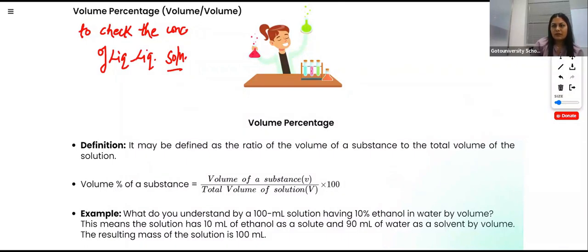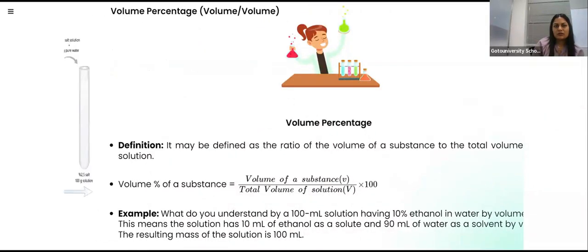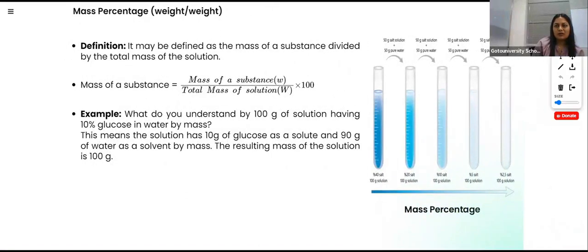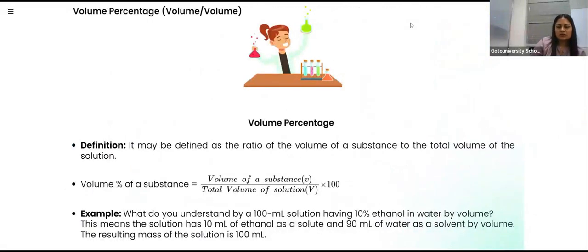The earlier one we used to calculate the concentration of solid solutions, right? This one, weight by weight, is to calculate solid solution concentration, and this method is for liquid solutions.